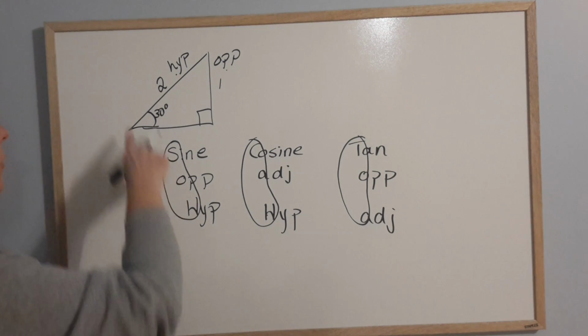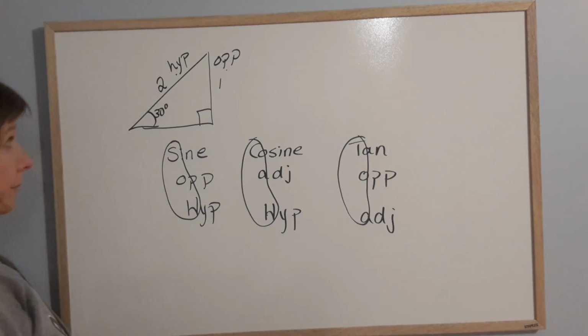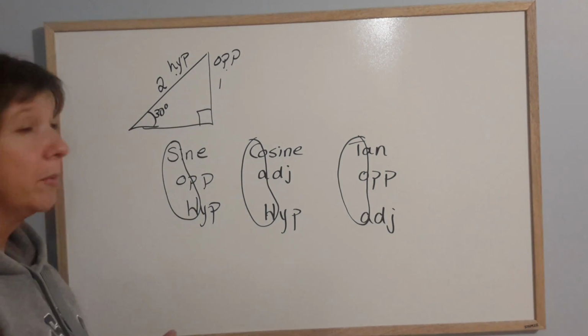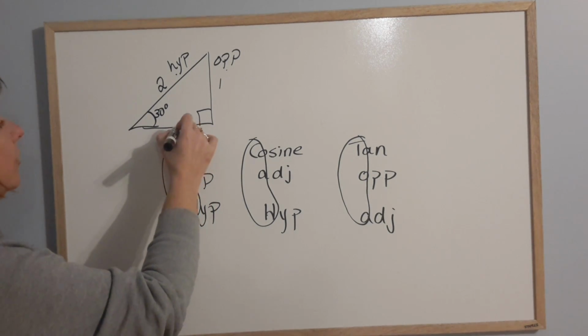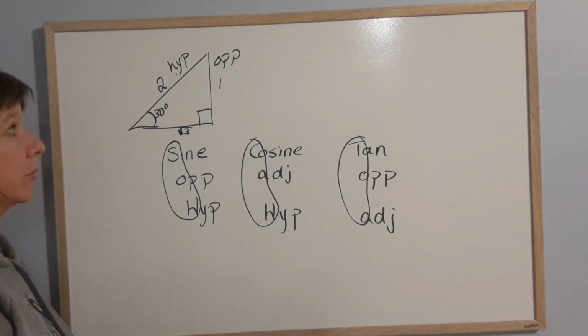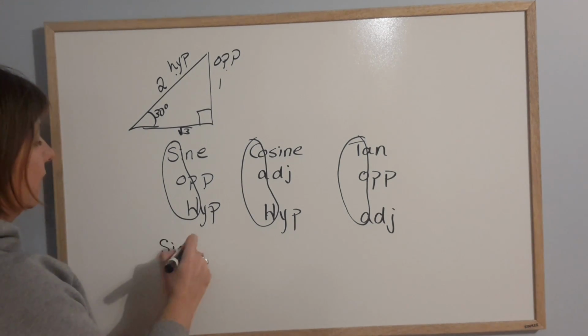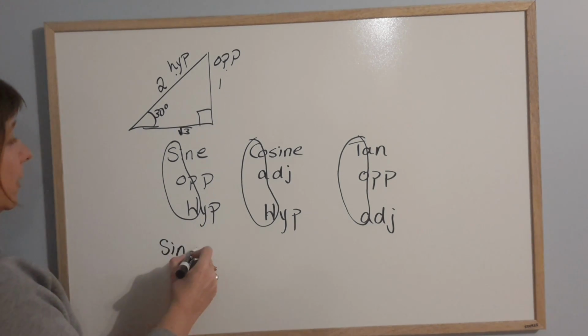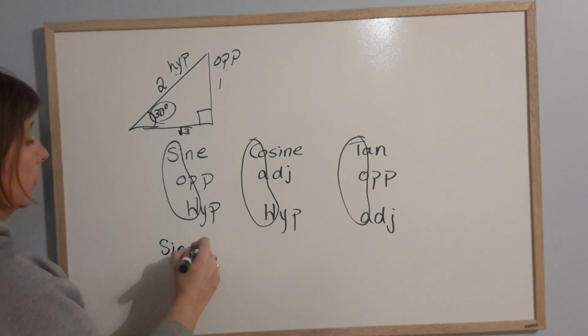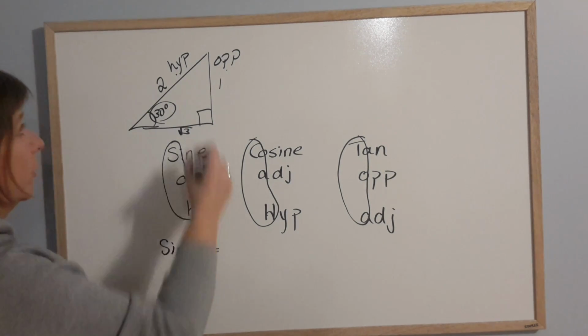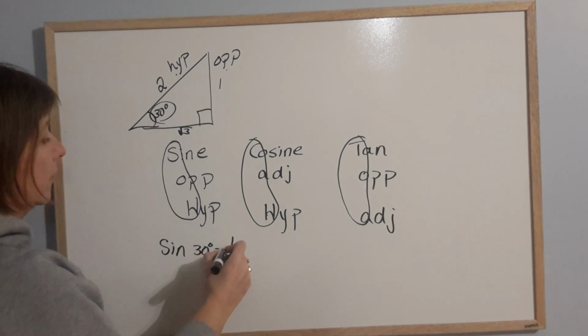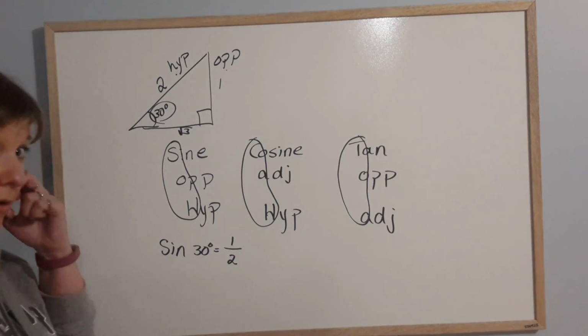So in this triangle, actually this is a crappy one, but in this triangle, this side would work out to be the square root of 3. If I was looking for the sine ratio of this 30-degree angle, it would be the opposite side over the hypotenuse side.